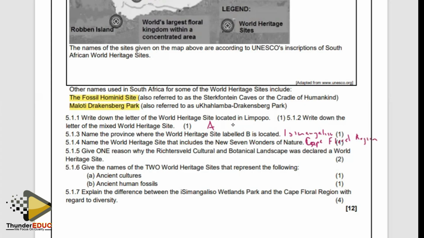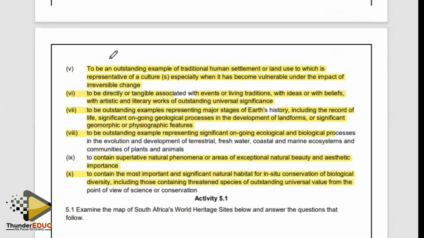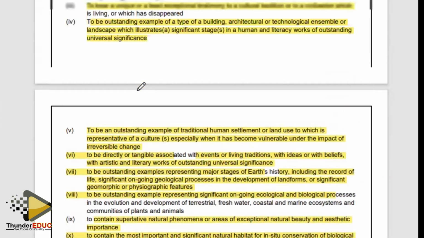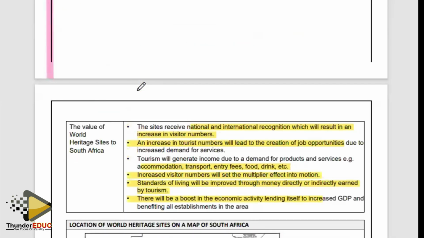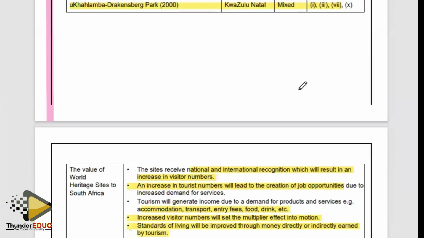Then 5.1.5, give one reason why the Richtersveld is declared a World Heritage Site. The Richtersveld actually meets the following criteria, which were discussed in the previous slide. It represents criteria 5 and also criteria 4.